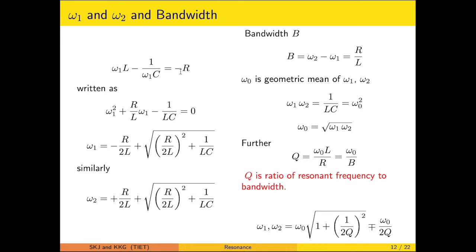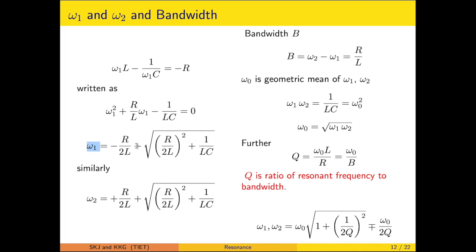So this results into a quadratic equation, and the roots are explained. If we make a comparison with the standard equation ax square plus bx plus c is equal to 0, that results into the two roots: minus b plus minus root of b square minus 4ac upon 2a.